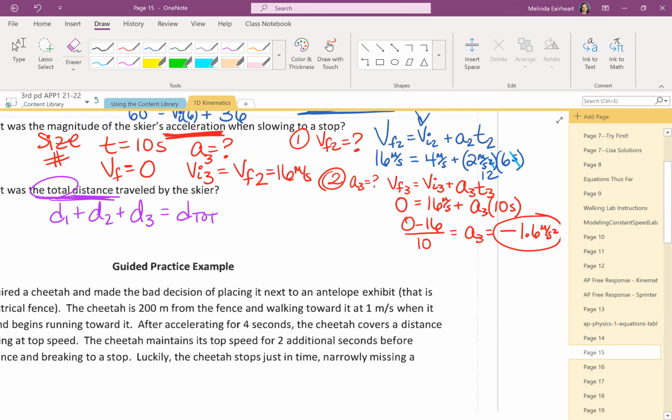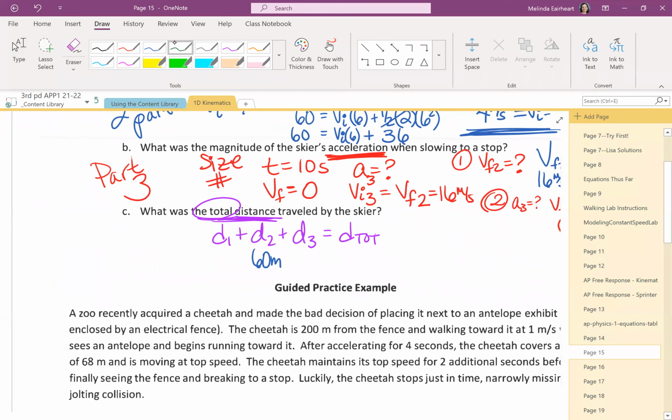We were given the distance of the second part when it travels down the slope, right? We know that's 60 meters. And I think that's all we were given, right? So how are we going to find the other 2 distances to get a total? Okay, so for part 1, for D1, what do we know?